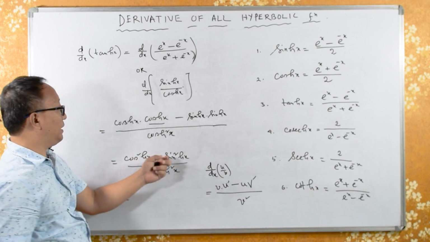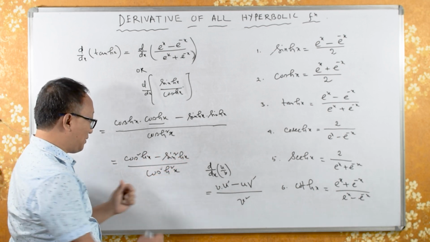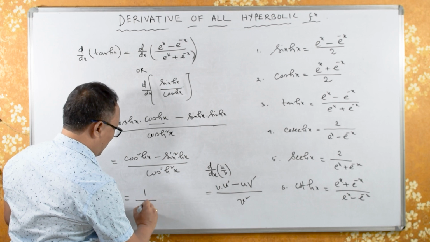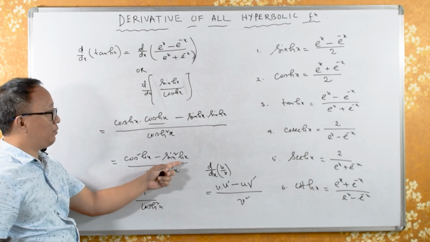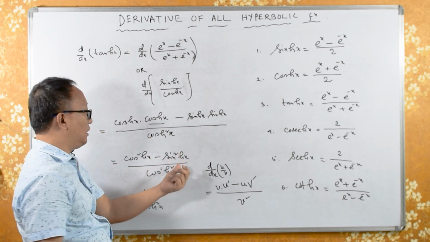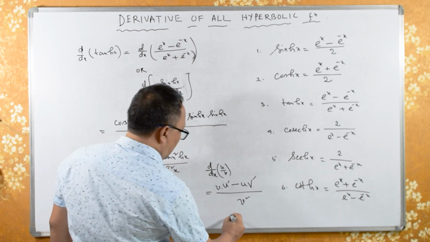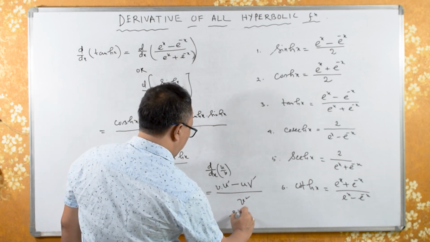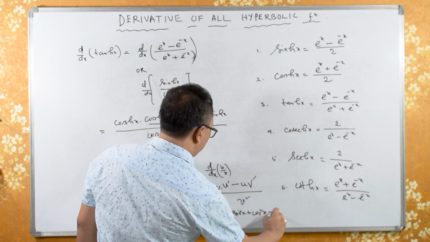This is 1 upon cos hyperbolic square x. Why is it 1? Because we have two sine functions. Remember, we have sine square x plus cos square x equals 1.